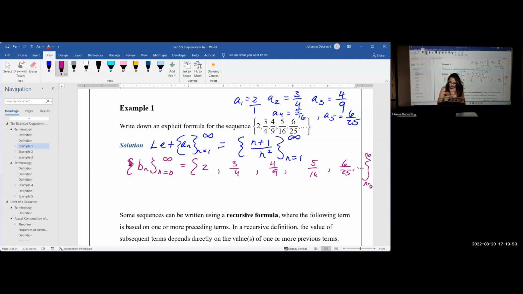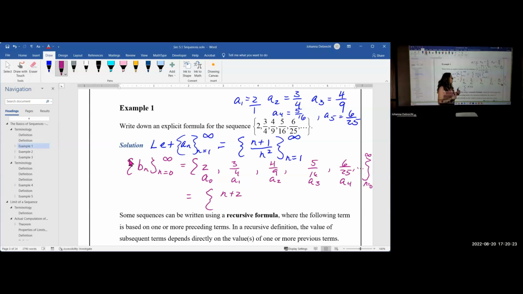If we start with n equals 0, again, this is a sub 0 right here. To get the numerator, I need to add 2 to the subscript. So this looks like the numerator would instead be n plus 2. Does that work for each of them? Yes, in fact, it does. If I add 2 to the subscript, I would get the value in the numerator.